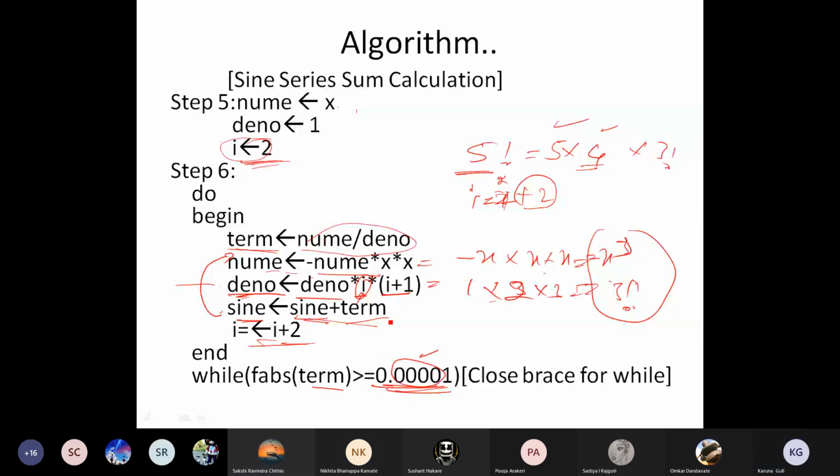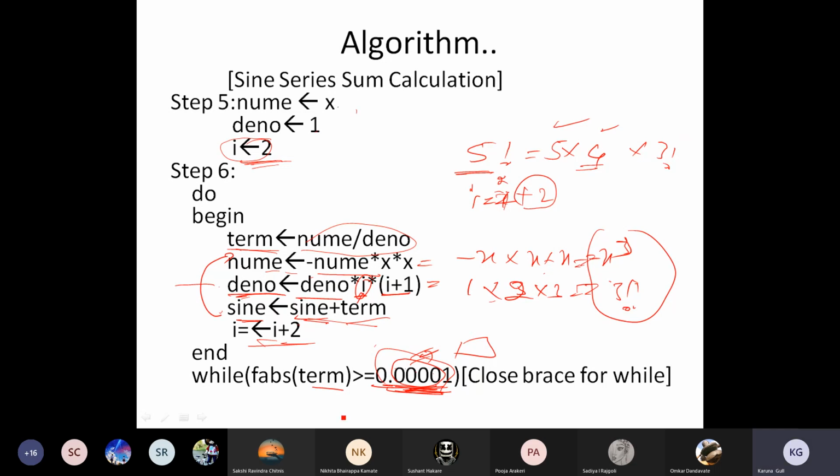Okay, fine. So now look at this. I'm looking for a minimum of 4 digits of accuracy, the value that I wanted to reach. If the term I calculate is approaching 0, at that time I'm going to stop.